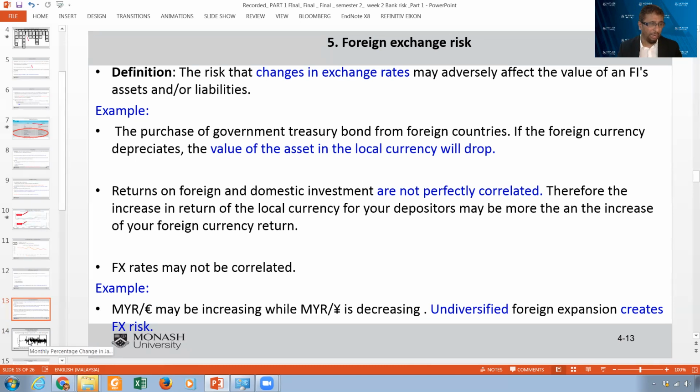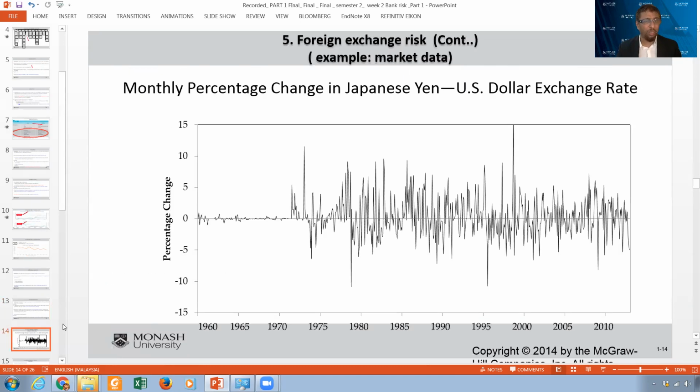Just to give you a clearer example, this is the volatility of the yen US dollar exchange rate. See how this volatility goes up and down. So when banks invest in foreign currency, it is very risky because of the huge volatility of the exchange rates of different currencies.